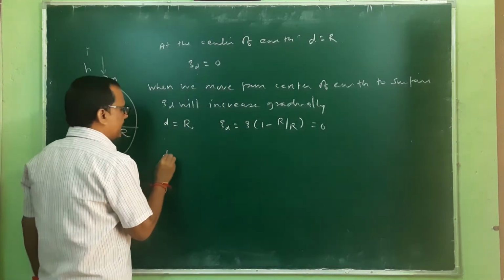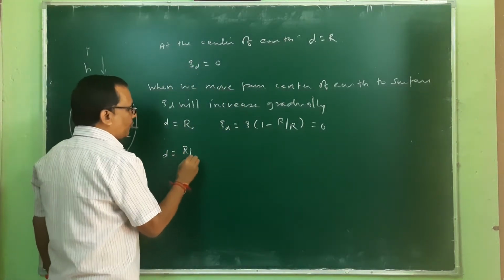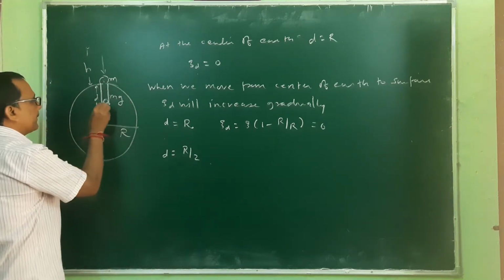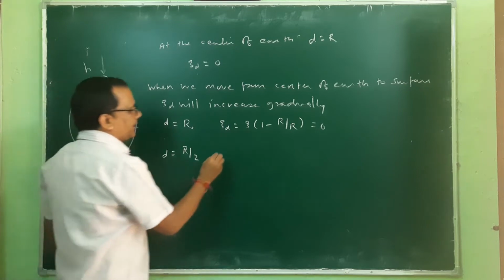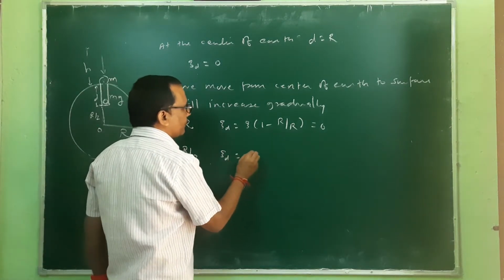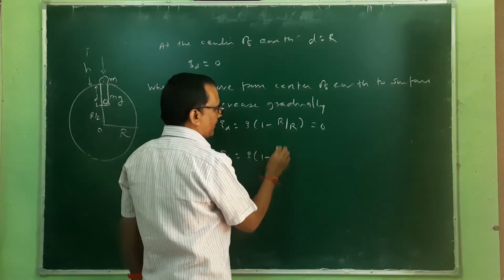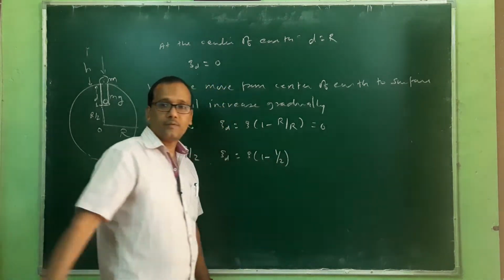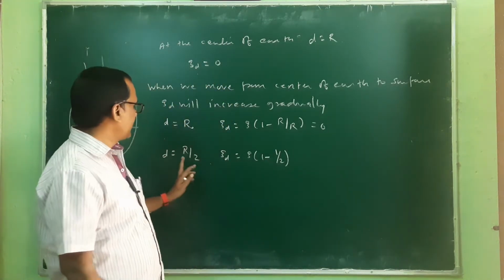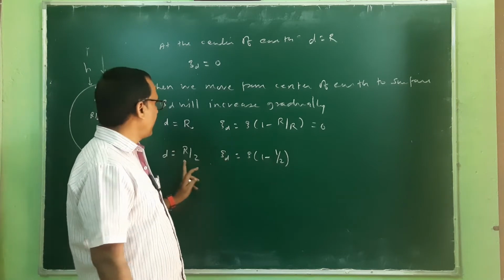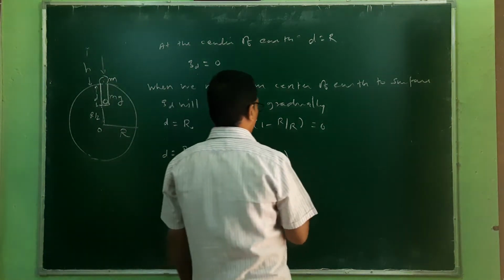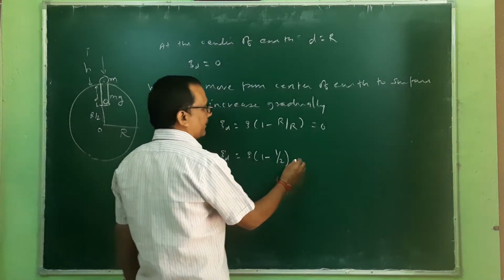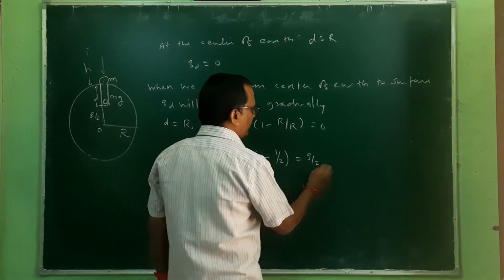And when d is equal to R by 2, means somewhere here this is R by 2, then this g is equivalent to g times 1 minus, this is R by 2, so this is half, and this is equal to g by 2.